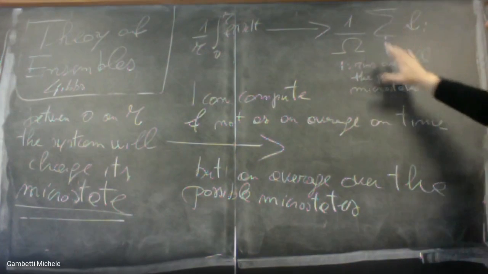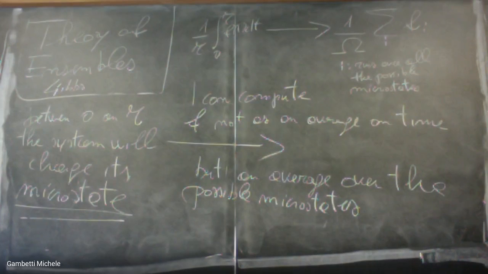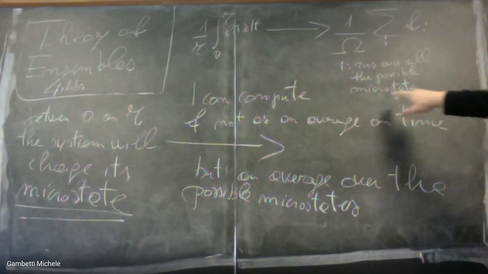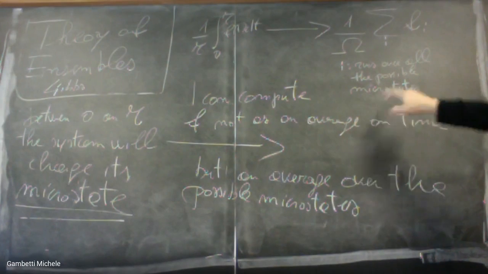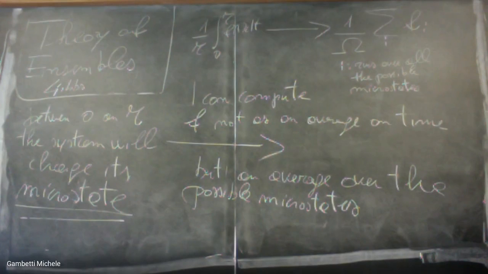And actually we will see in a moment that a typical assumption within the microcanonical ensemble is that all the possible microstates are equally probable. But this is a specific assumption that will come in a moment later on.